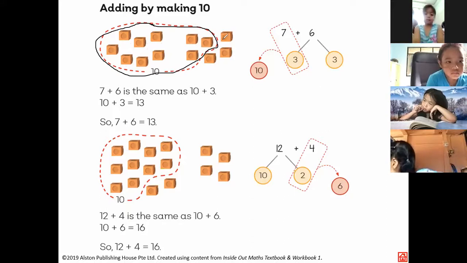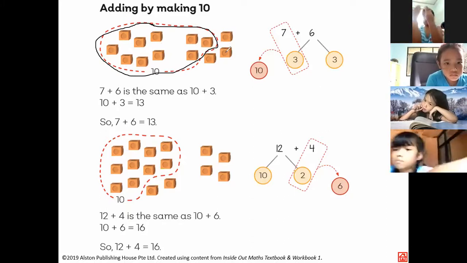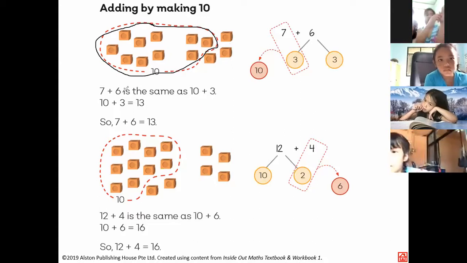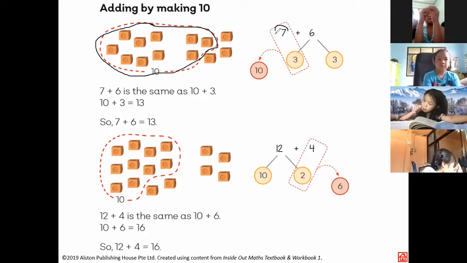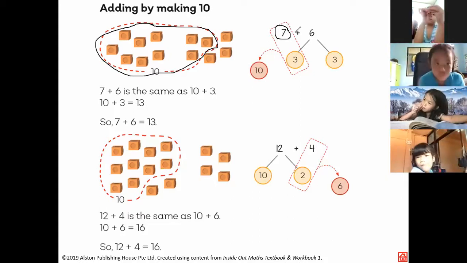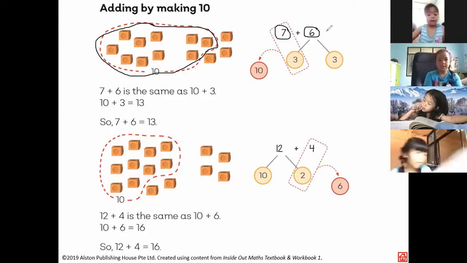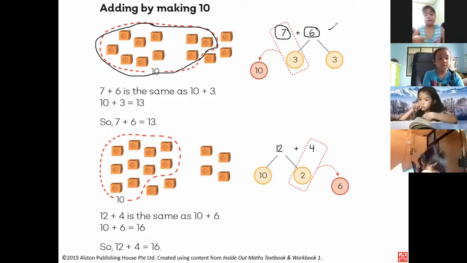And then the rest would be here, 1, 2, and 3. So 7 plus 6, that's 13.